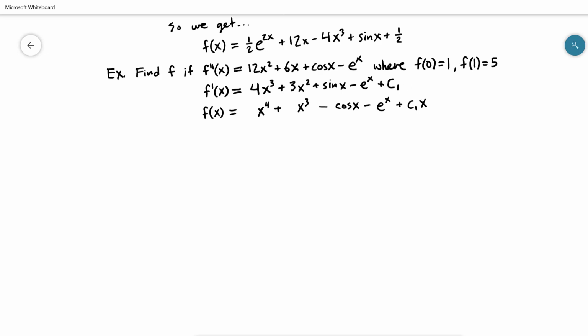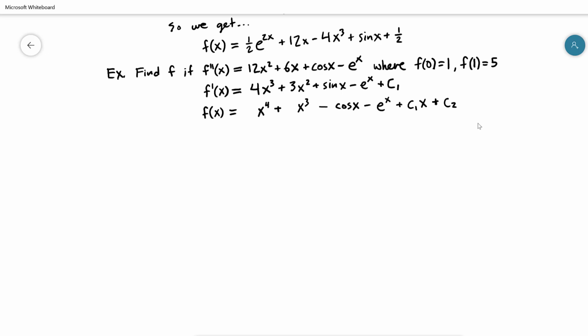And the very last piece is we need our second constant because we've just taken a second antiderivative. So there's our c2. So this is the most general form of f of x, and it has two constants in it, c1 and c2. We'll now use those two equations to figure out what c1 and c2 are.